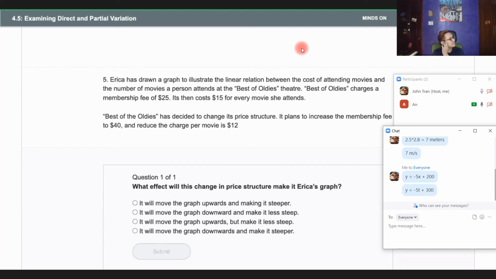It then costs $15 for every movie she attends. Best of Oldies has decided to change its price structure. It plans to increase the membership fee to $40 and reduce the charge per movie to $12. What effect will this change in price structure have on Erica's graph?